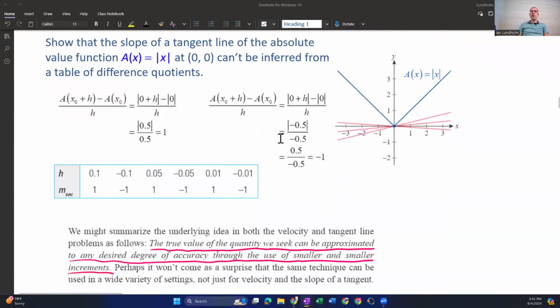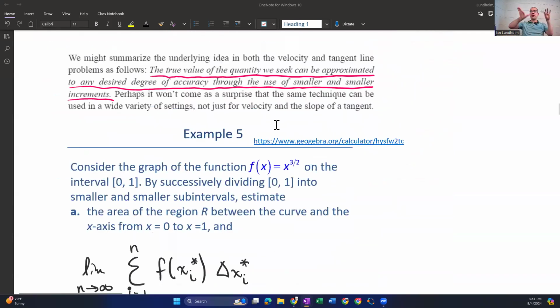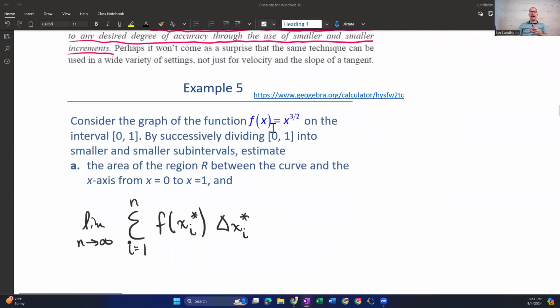Okay, so there we were looking at rates of change, looking at slopes. The other half of calculus that we'll end up looking at is about accumulation rather than rates of change. One way that we can measure accumulation is looking at accumulated area. On this one, we're going to consider the graph of the function x to the 3 halves.